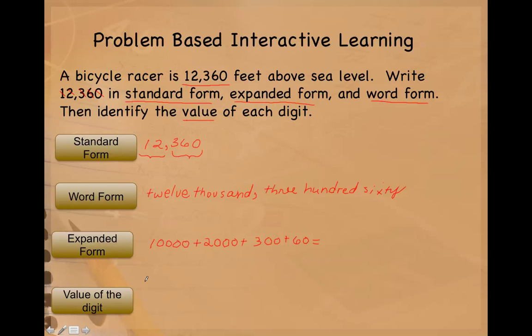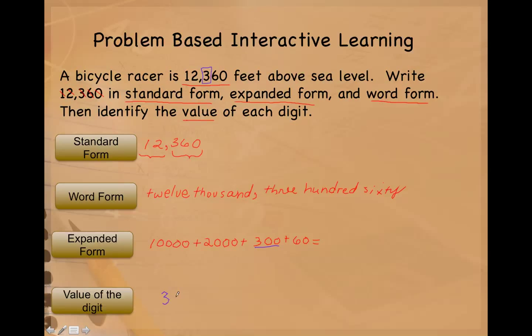The last thing I need to do is represent the value of the digit. So I'm going to choose a couple digits to represent. I want to find out the value of the 3. Now my expanded form helps me with that, because if I look here, I see that the 3 is worth 300, because 3 in the hundreds place is 300.